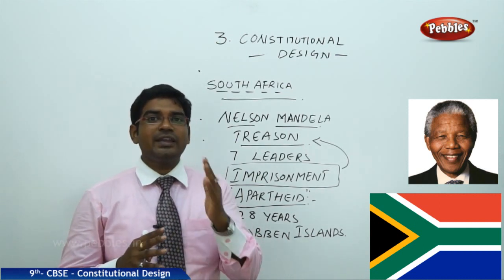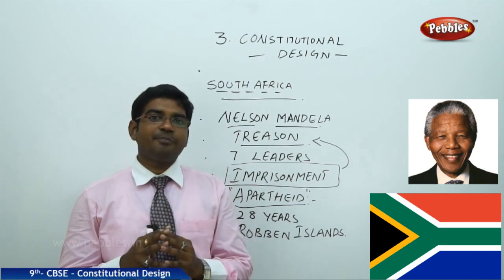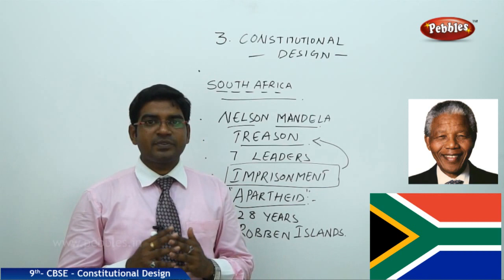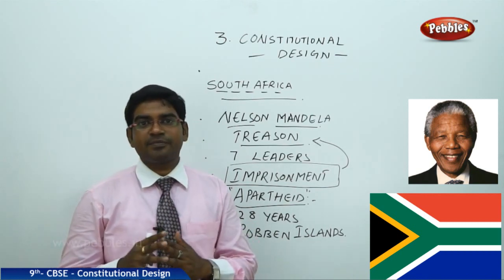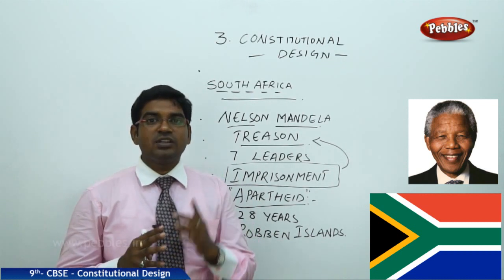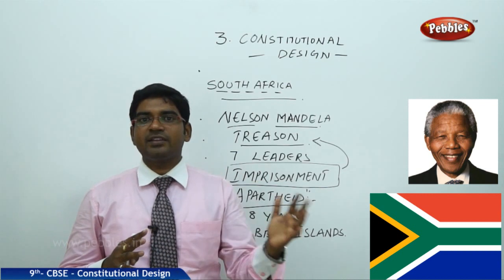The ruling government, the white minority government which was ruling Africa, got very angry and imprisoned him and his followers for life, on the charges of treason, betrayal against the government.